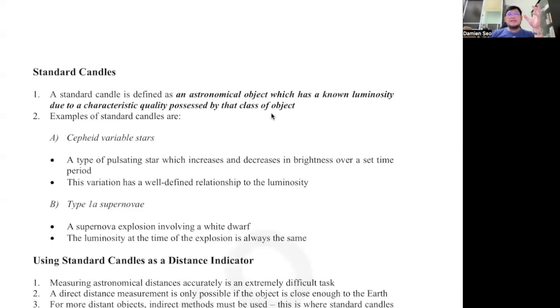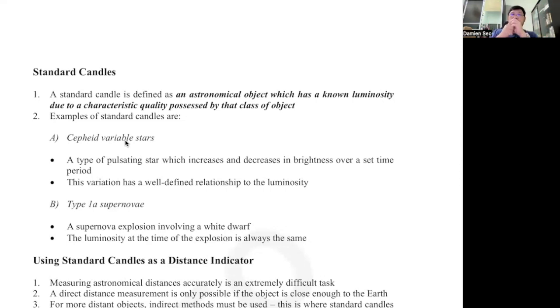Standard candles are objects for which astronomers can calculate the actual luminosity. So how do they know the luminosity? There are 2 types of standard candles that astronomers use. One is a Cepheid variable star. This Cepheid variable star has a unique characteristic in the sense that it becomes brighter, less bright, brighter, less bright, like a pulse.